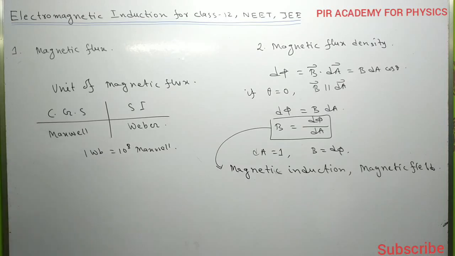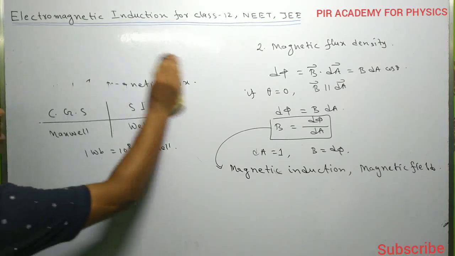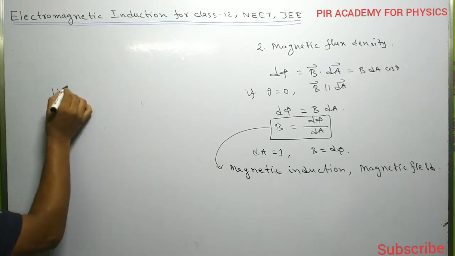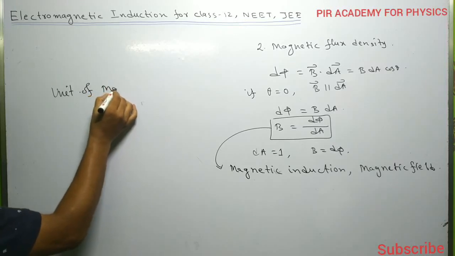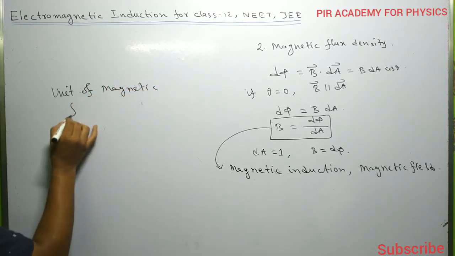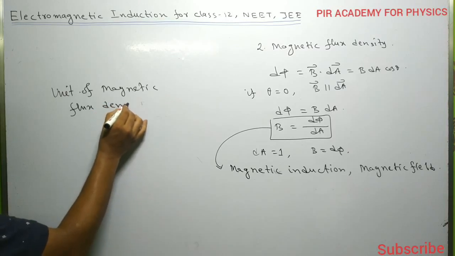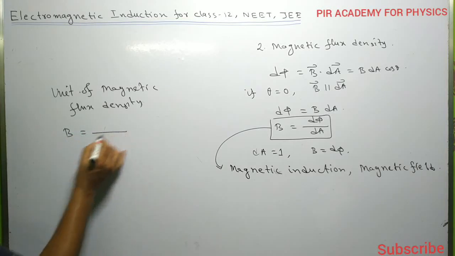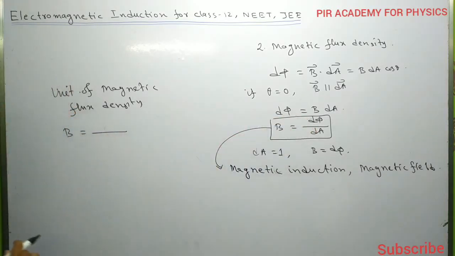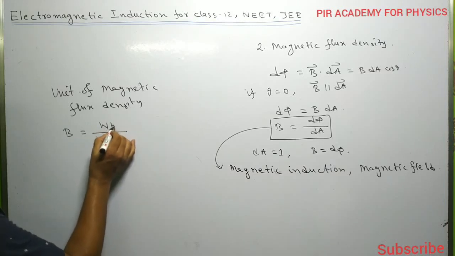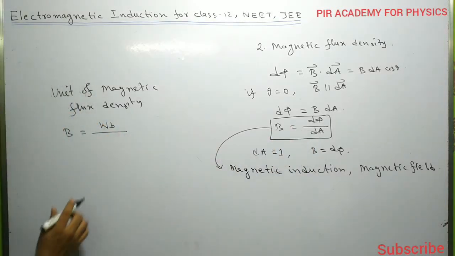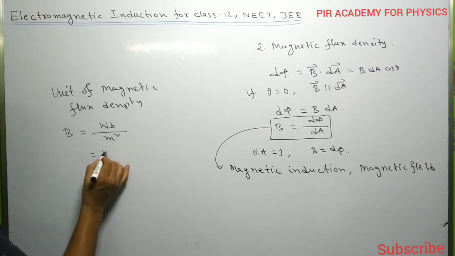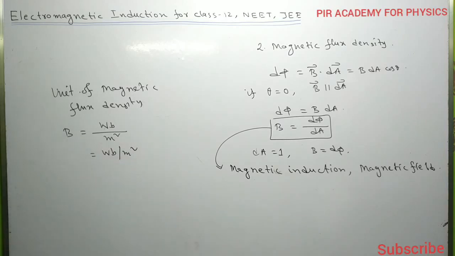You have to know the unit of magnetic flux density. Here, the unit of B is the unit of magnetic flux, that means Weber, divided by the unit of area, that means meter square, that means Weber per meter square.